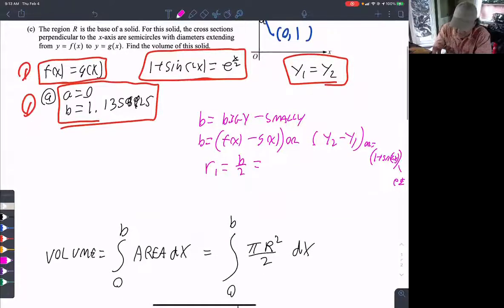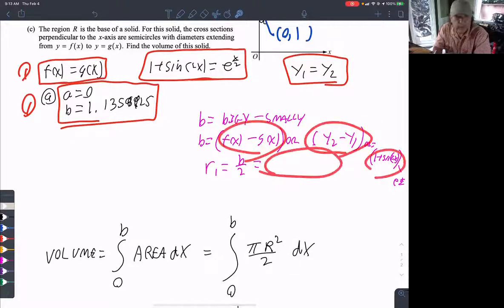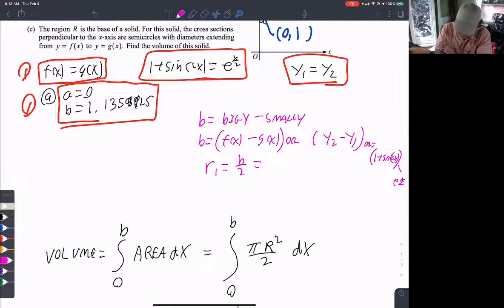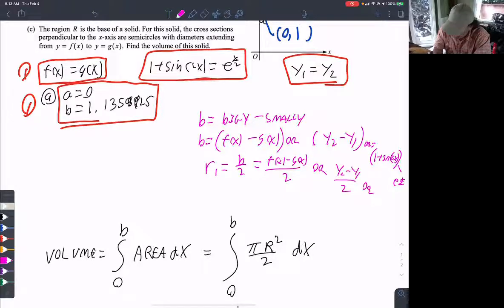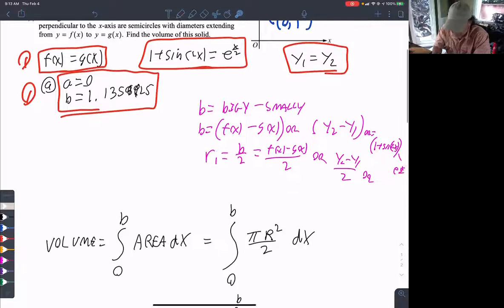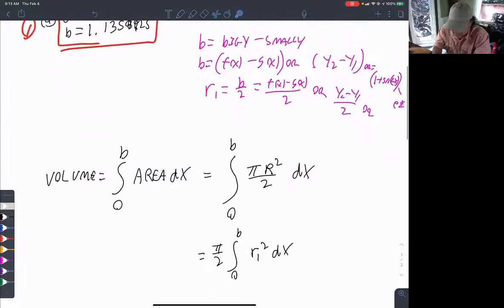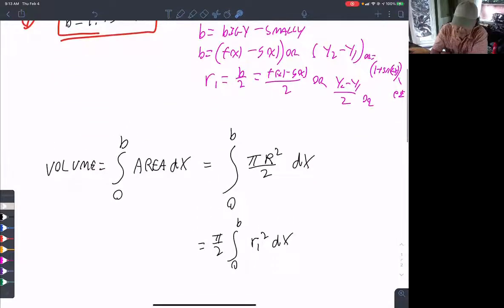Now, you could have any one of these over 2 for your radius. You could have f of x minus g of x over 2, or y2 minus y1 over 2, or, I'm not going to write the last one, this over 2. Any one of those. Now, here's what's kind of cool to make your life easier.